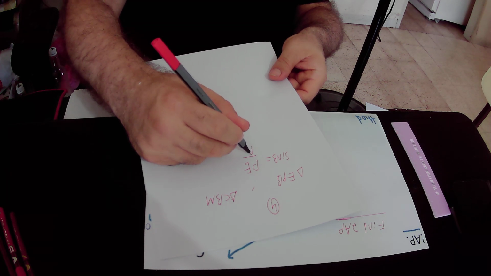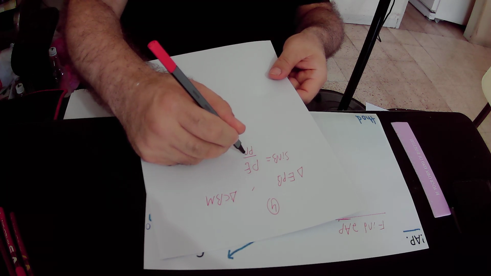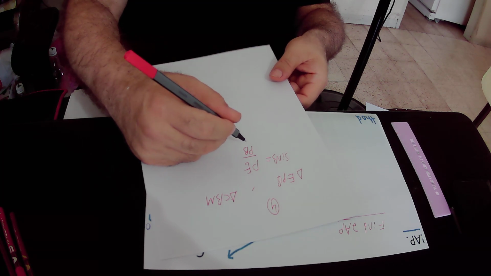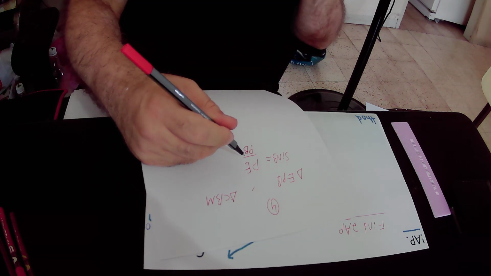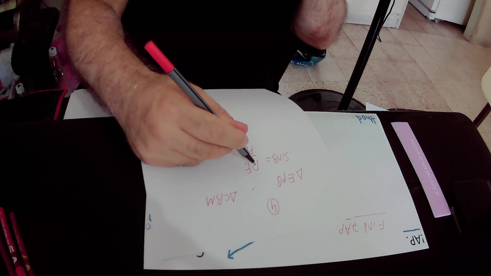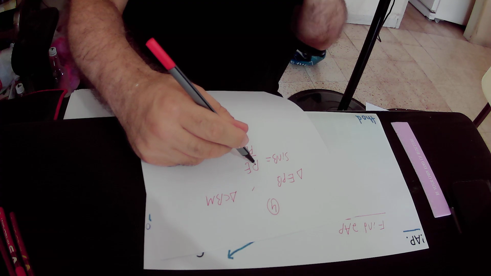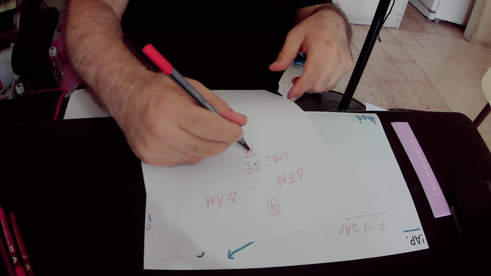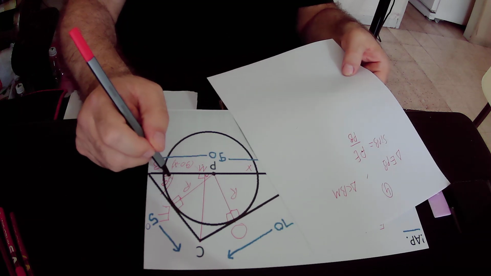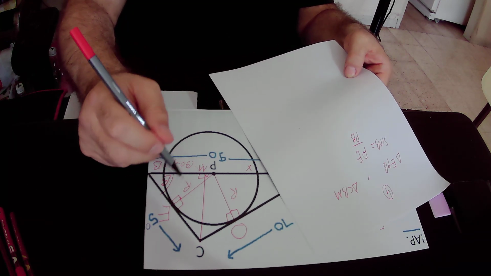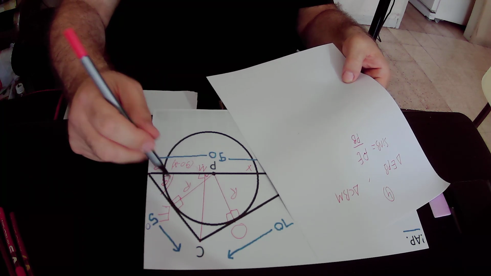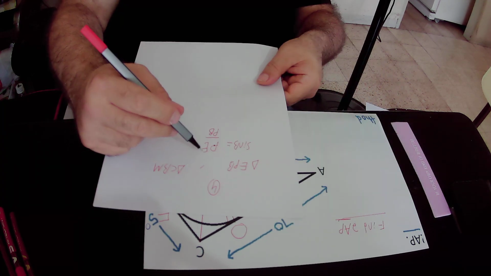The sinus beta is the ratio between the side that is in front of angle beta divided by the hypotenuse of the triangle, that is PB. So it is PE over PB.